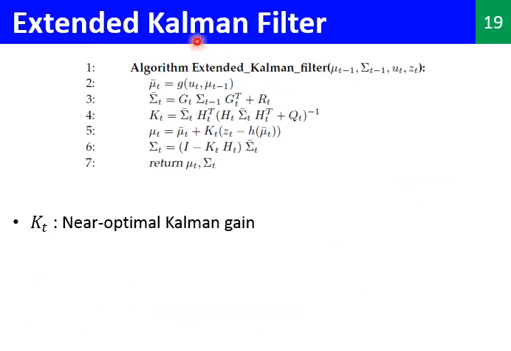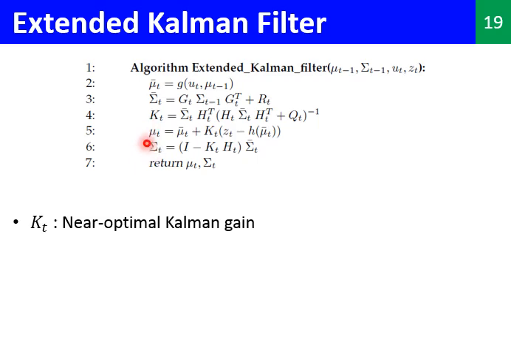So here we have the algorithm for the extended Kalman filter. Similar to the standard Kalman filter, it takes in the previous mean and covariance, the control input and the measurement, and outputs the estimated mean and covariance. This is also a parametric filter where we have two parameters.